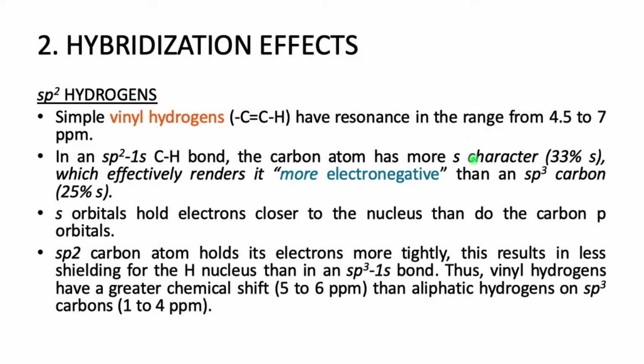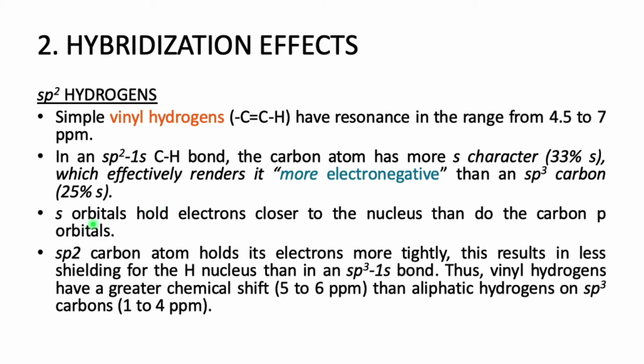And in the previous video we have seen that the more electronegative the substituent is, the delta values are shifted towards the higher values, or towards the deshielded region of the NMR spectra. So since the carbon atom has more s character, it acts as more electronegative when compared to the sp3 carbon.